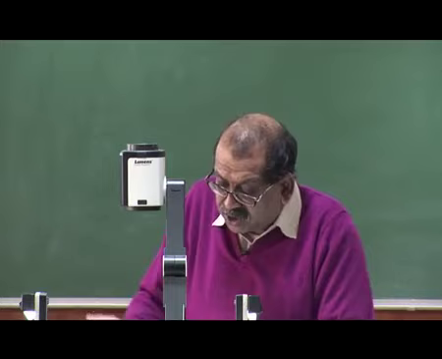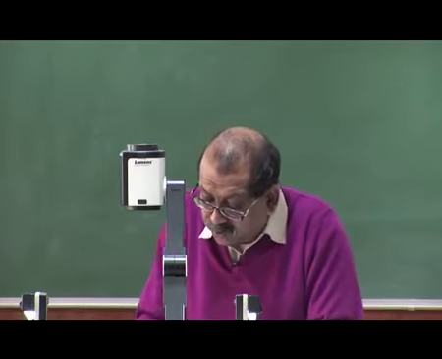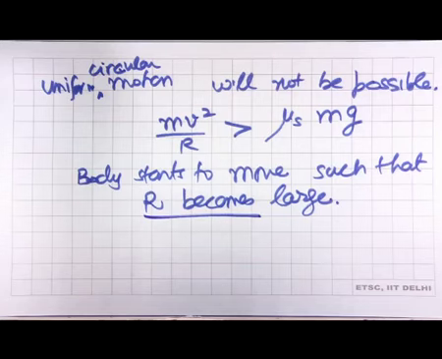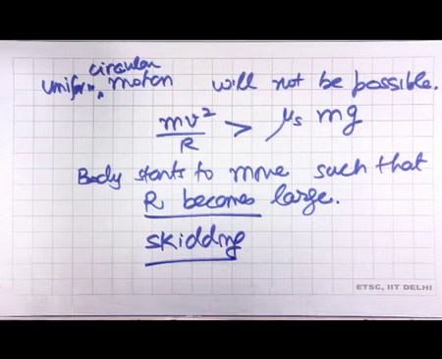So, we have an acceleration in the opposite direction to slow this motion. Therefore, r becomes large, and this is what we term as skidding of the car. So, the car starts to skid in an outward direction on the circle.